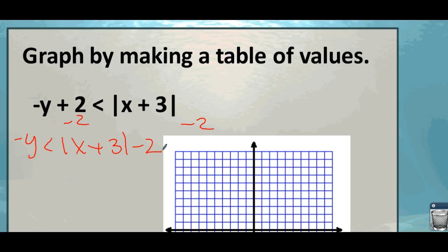You divide by a negative. What happens to the inequality, Alex? Yeah, the inequality is going to change direction. So when I divide this by -1, that inequality changes direction.